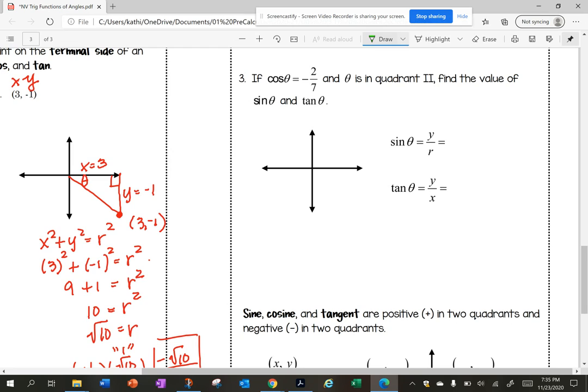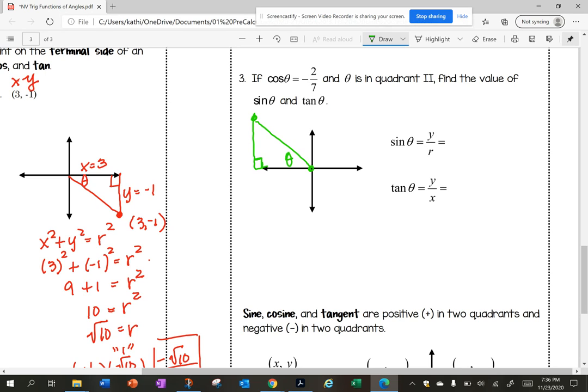Okay, so I know I'm in the second quadrant, so I'm going to draw my triangle in. I know the right angle is always perpendicular to the x-axis. And my reference angle is near the origin. So I don't know what x and y are, but I do know in the second quadrant that x is negative and y is positive, and the radius is always positive.